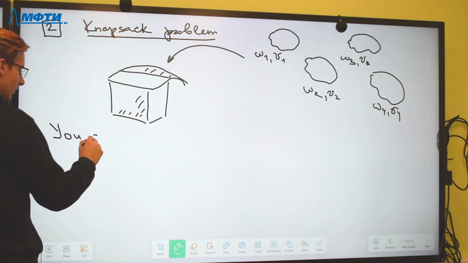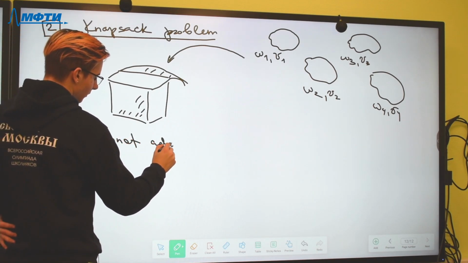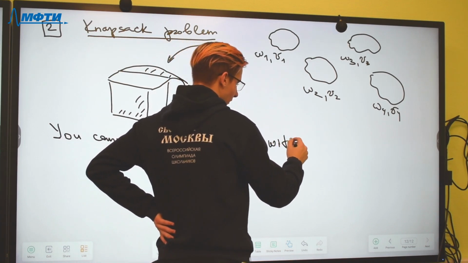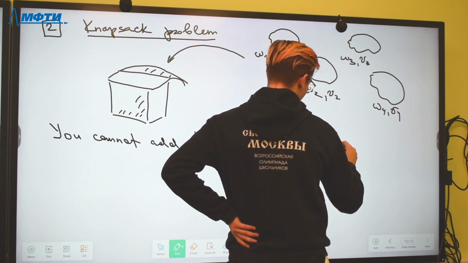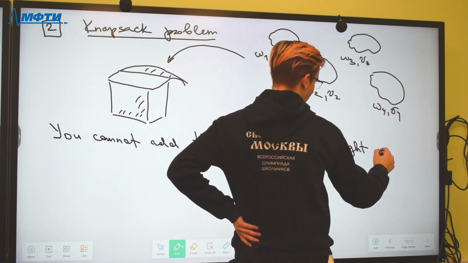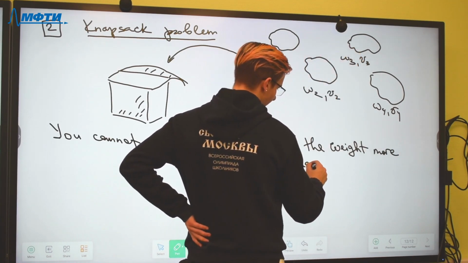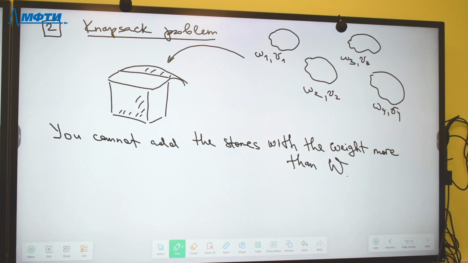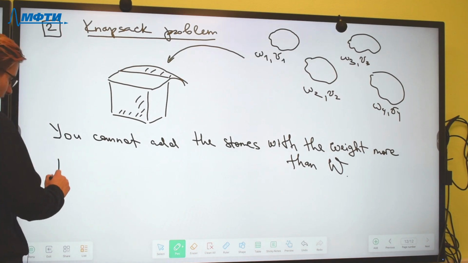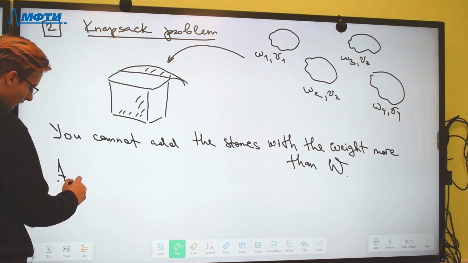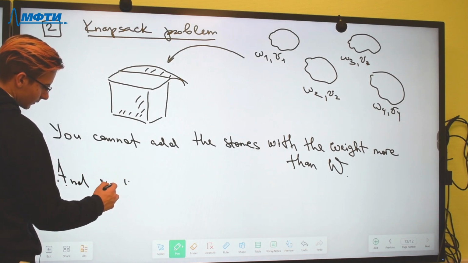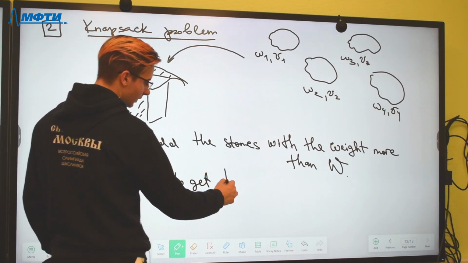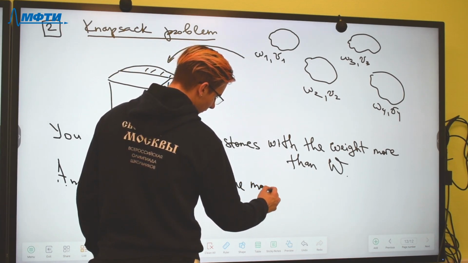You cannot add stones with the weight more than W, big W. And you want to get the maximum value.